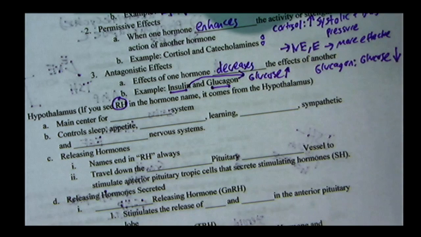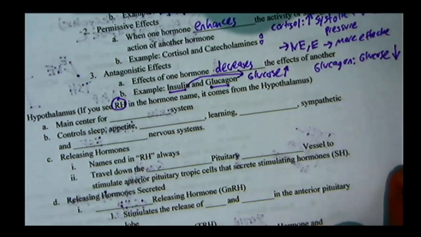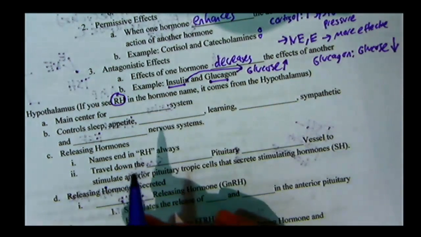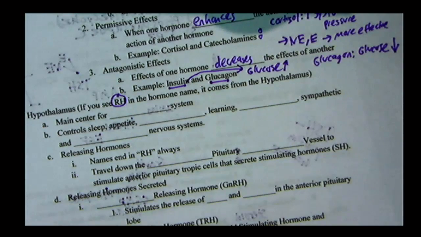Is that clear to everyone? What about SH? Where is that released from? Anterior lobe of the pituitary. These are just easy ways of seeing the hormone and knowing where it's from. That's the biggest thing on this test. You need to know where each hormone belongs, because you'll get tripped up.